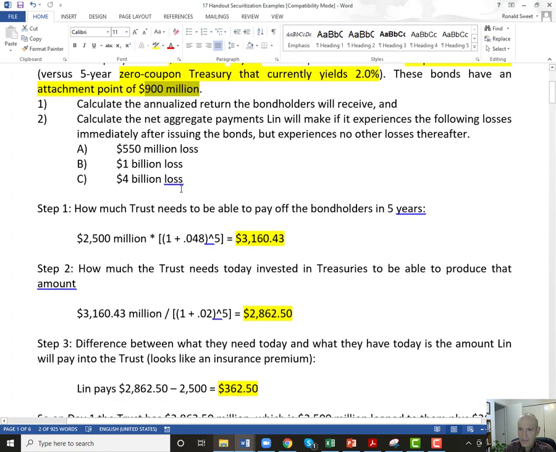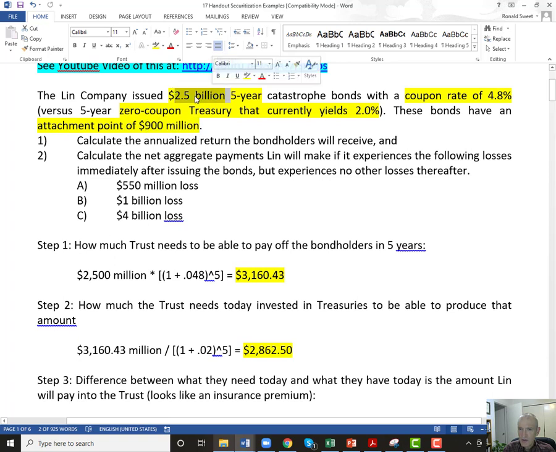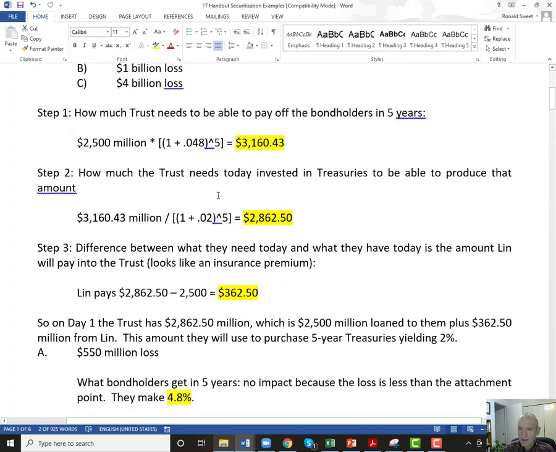Well, the bondholders are sending you $2.5 billion. You need $2,862,500,000. So Lynn is going to have to pay a premium of $362,500,000. That is the amount the company needs to invest today minus what it will receive today. Lynn will have to provide the $362 million.